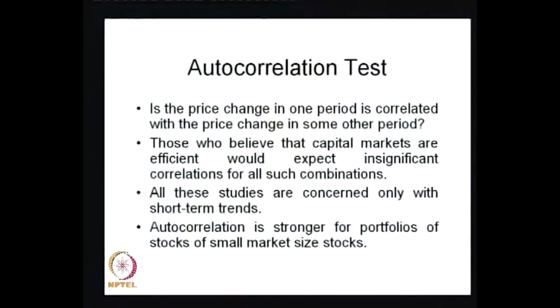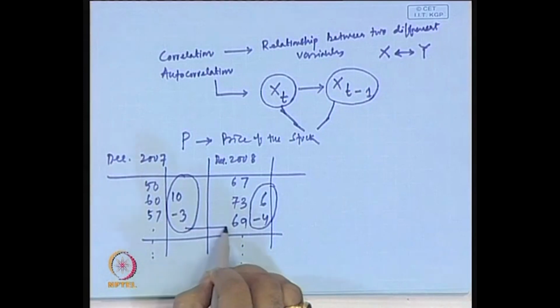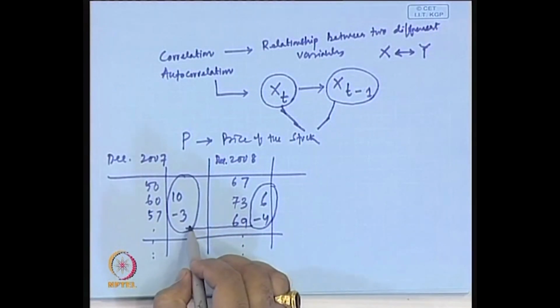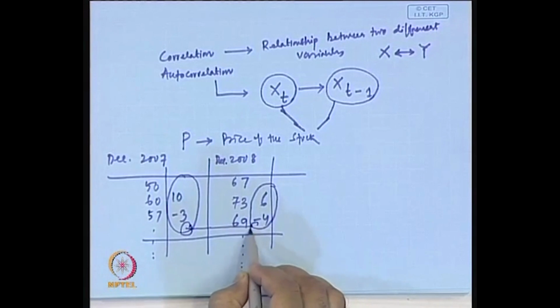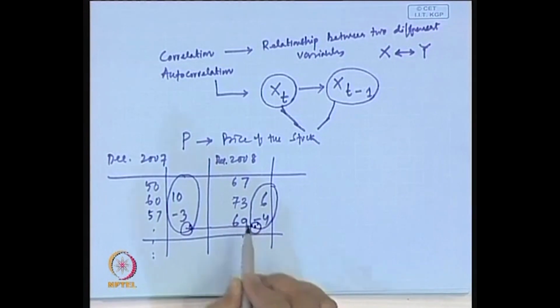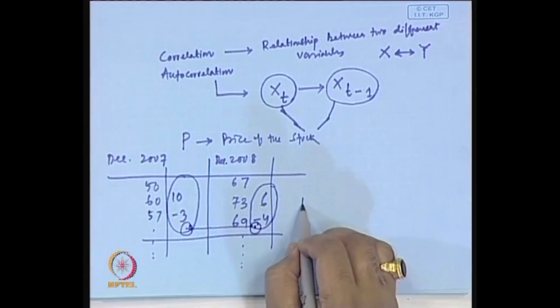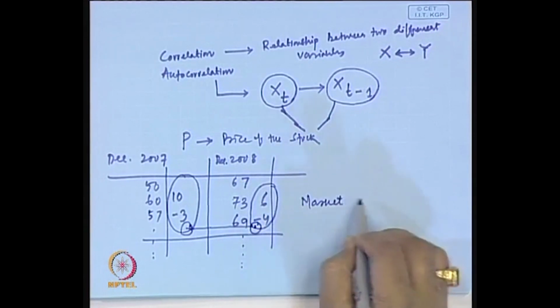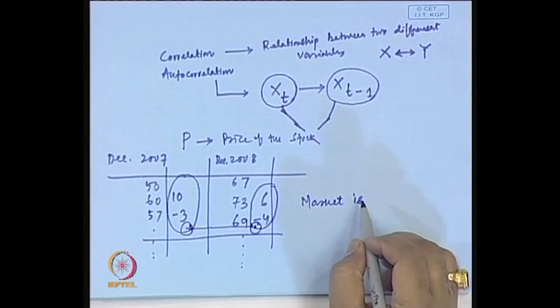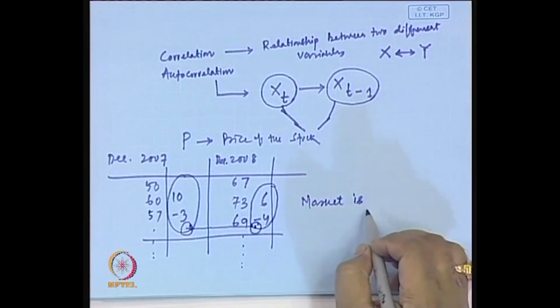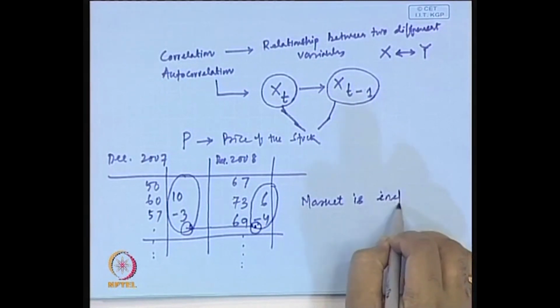Those who believe that capital markets are efficient would expect insignificant correlations for all such combinations. What does it mean? If we find a significant correlation between the price change of this period and the price change of another period, then definitely we can say this market is inefficient.